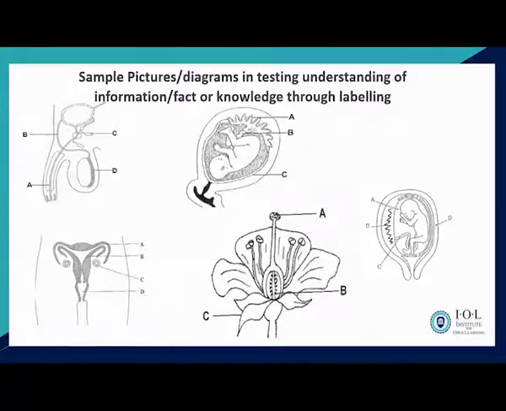You will see that on most of these pictures or diagrams, it's indicated A, B, C, D, which means that it is labeled A, B, C, D, and you have to know what A is, what B is, as well as what C is.